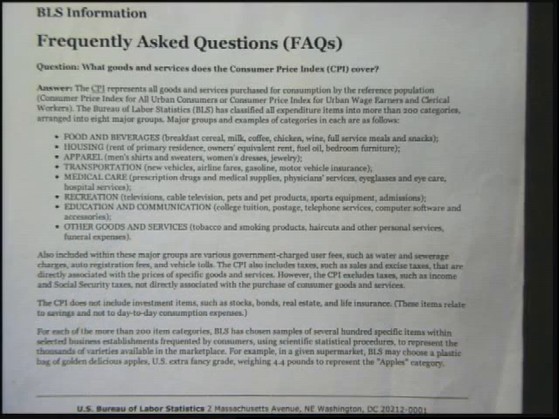So they take all of these things and track the prices from month to month, year to year. I've got one basket over here, and in real life it would be all of these items that they've got. I'll show you how to calculate this index in a second.